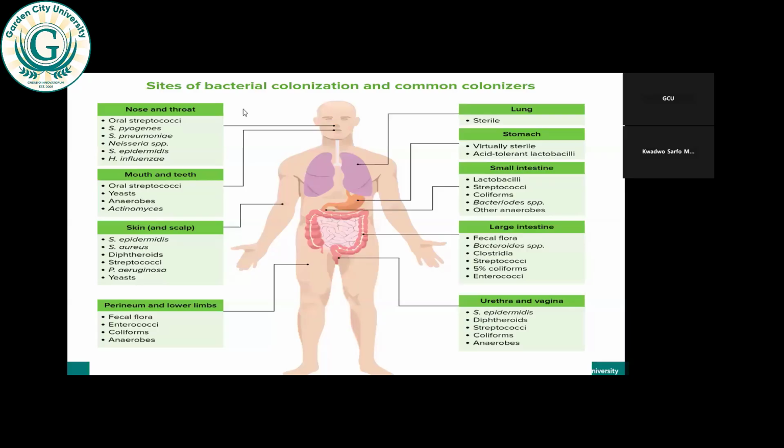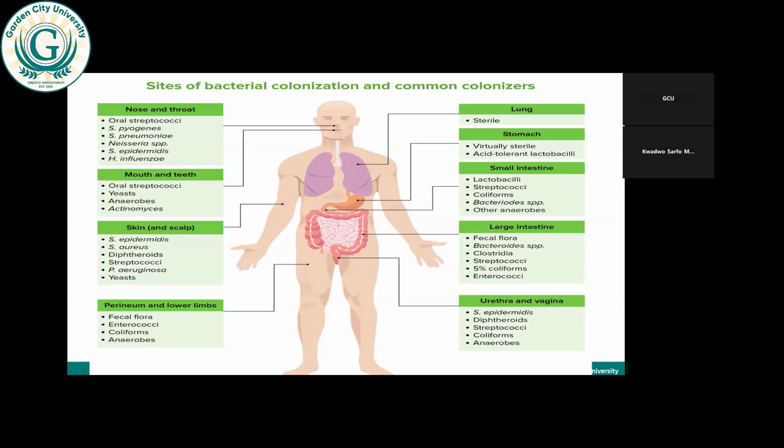So we can have several sites in the body or on the body that microorganisms or bacteria inhabit. So when we find these bacteria or some fungi in these sites, it is no news because they are normal flora.